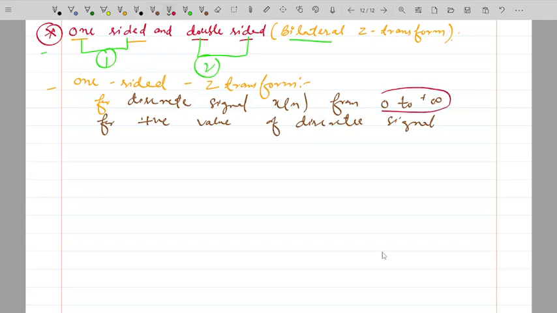This is called the one-sided Z transform, or we can also call it the single-sided Z transform.